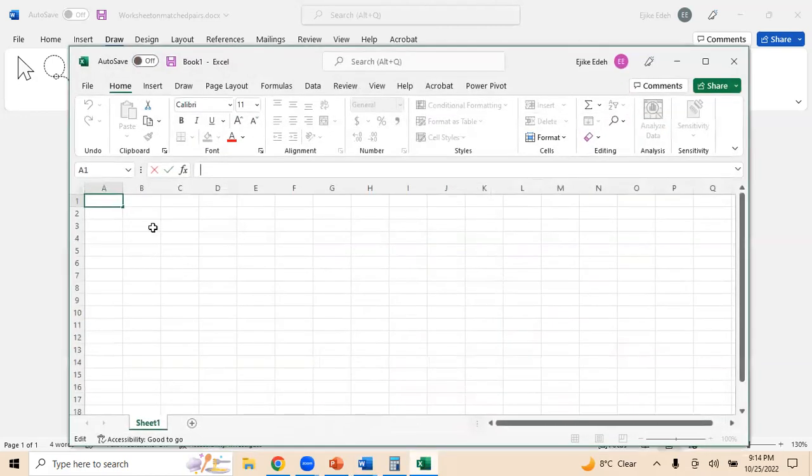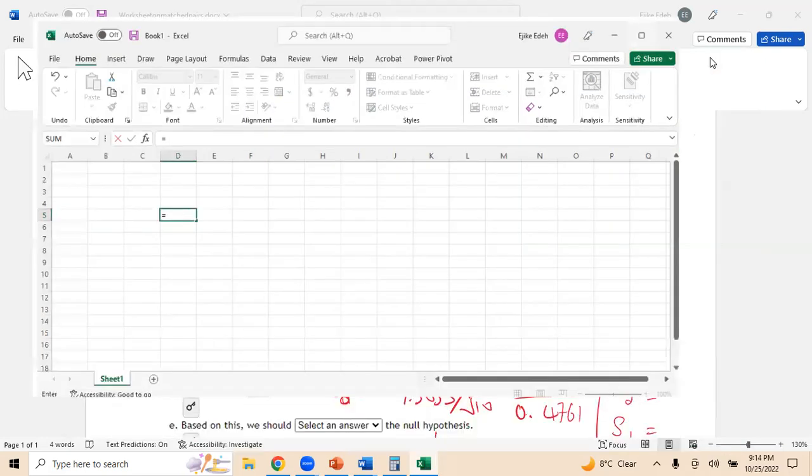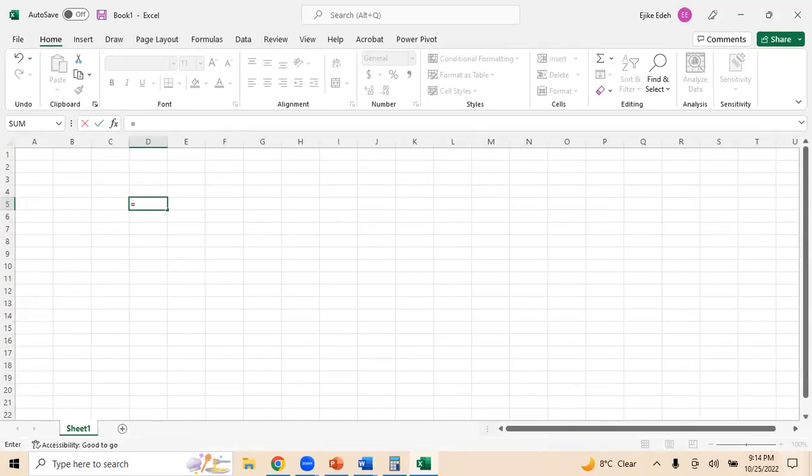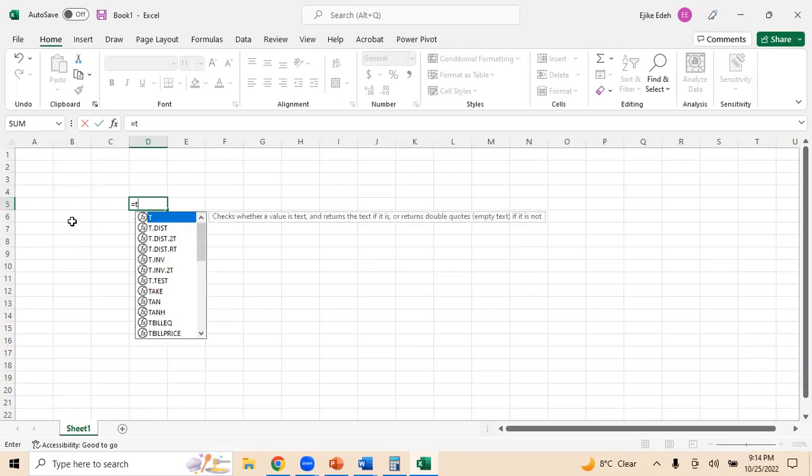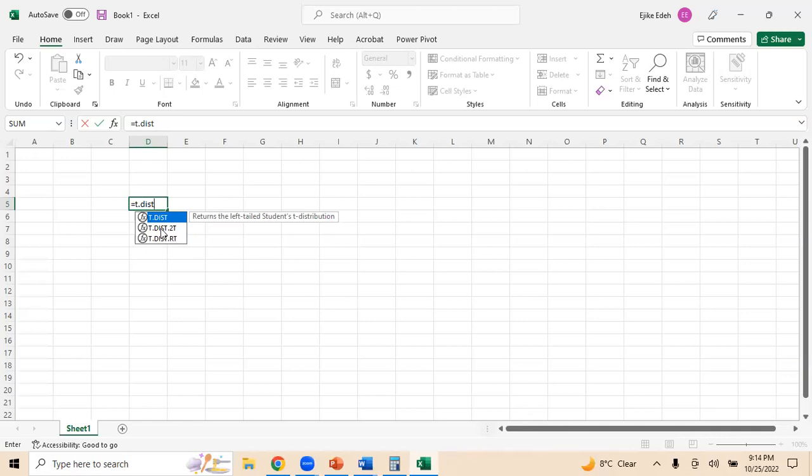So here you have this is equal to, let me make this bigger. It's not getting big. Okay, so this is equal to, I hope you can see this, T.DIST. I'm going to use two tail, the second option here. Double click on that.